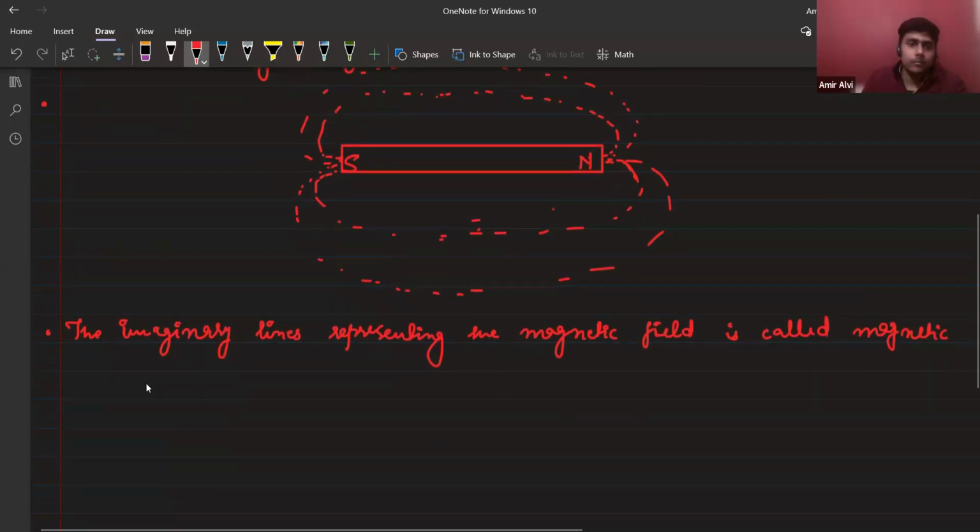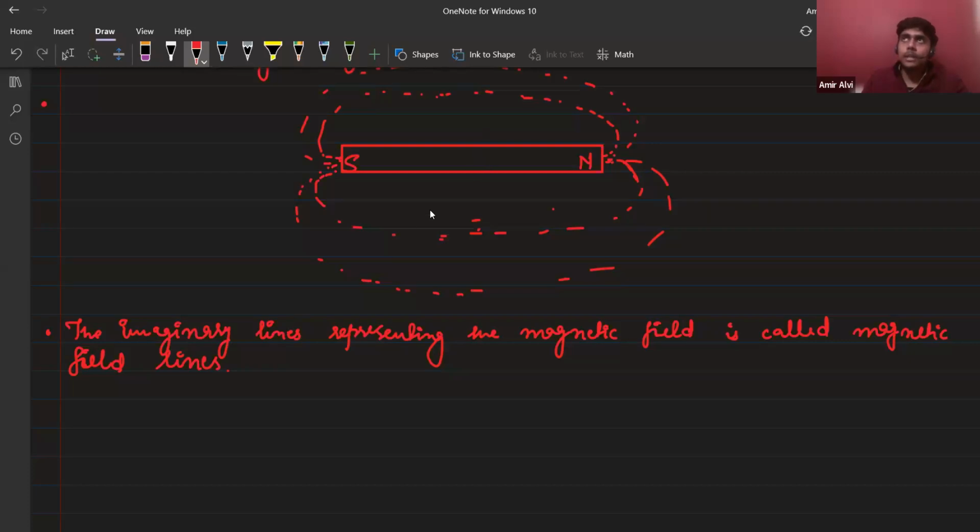How do those imaginary lines form? Just like that, or do they get formed by certain metals? Basically, that depends on the shape of the conductor, whichever shape of conductor we are taking. If the conductor is a straight line, a circular magnetic field will be there. If the conductor is a solenoid, this kind of magnetic field will be generated.